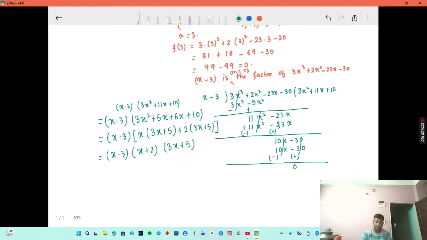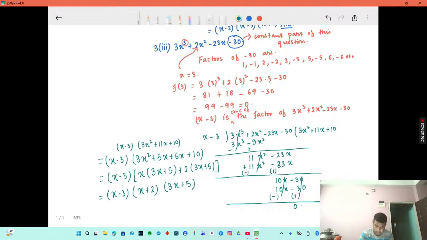Now when we factorize this equation, 3x cube plus 2x square minus 23x minus 30, we will get the factors as x minus 3, x plus 2, and 3x plus 5.